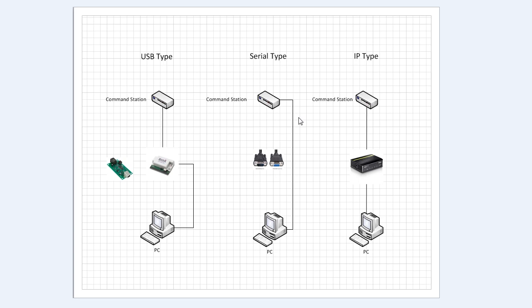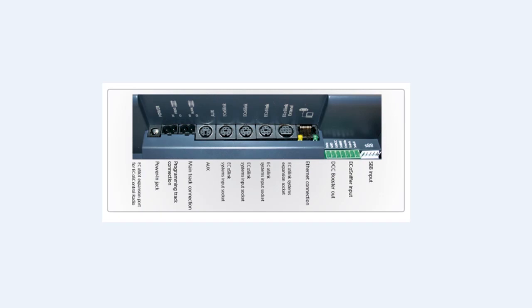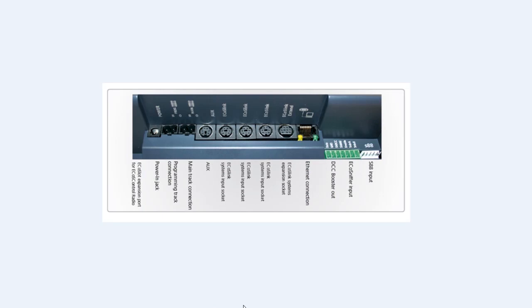Now in this case, we're going to run the ECoS system, and the ECoS system uses the IP. But before that, let's look at this. Here's a Powerhouse NCE, and here's the DB9 connection that it uses, which is a serial interface. So here we've got the back of the ECoS system, and here's the IP connection, which is the RJ45 type of cable.